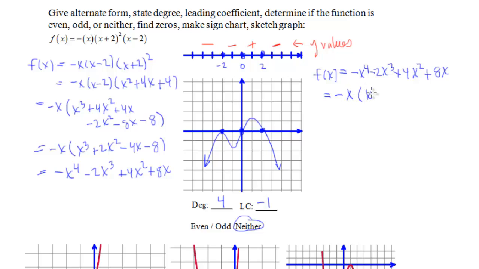And then left inside would be x cubed minus 2x squared plus 2x squared minus 4x minus 8. And then the inside of this can factor by grouping. So I keep the negative x.